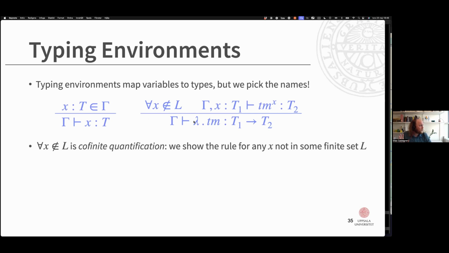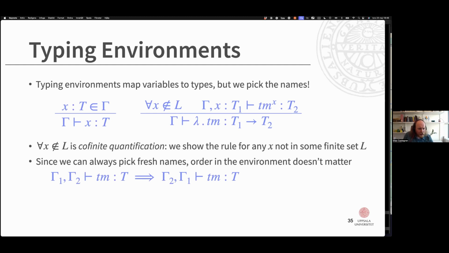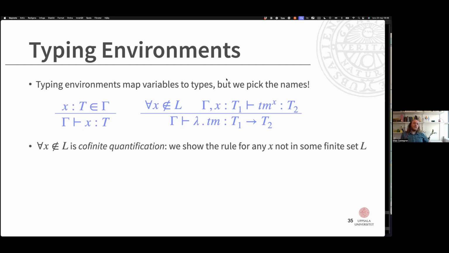And there's a good explanation about why you do it like this in the paper. The basic idea is that you could imagine saying, for all x that are not in the environment or in the free variables of the term, that would also work, but that's going to be a bigger hassle to prove because you have to enumerate all the free variables. You could also say, just pick a single free variable, and use that.